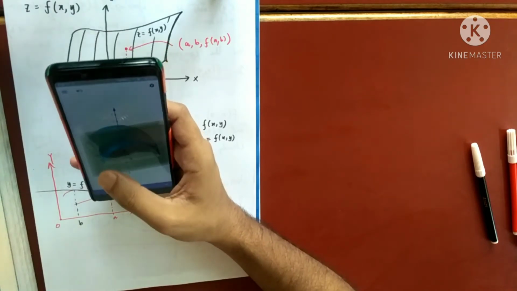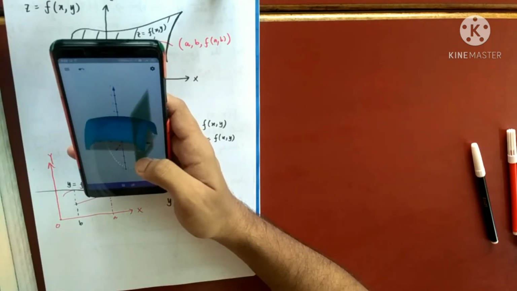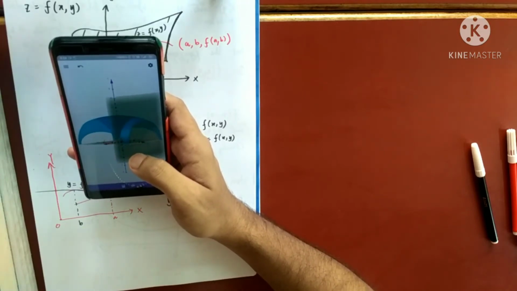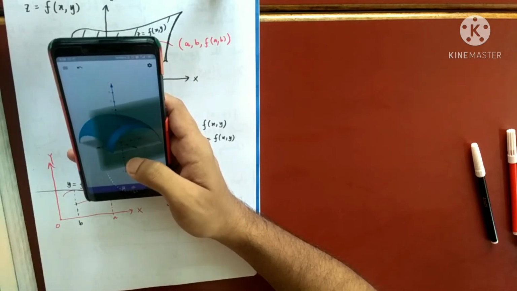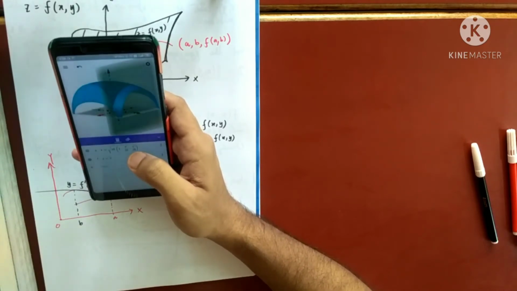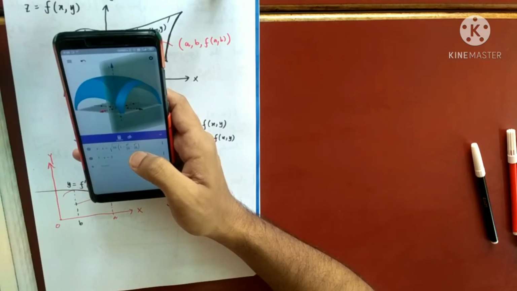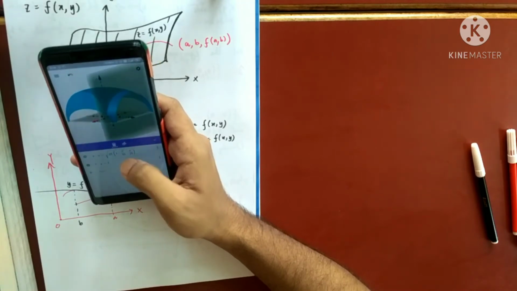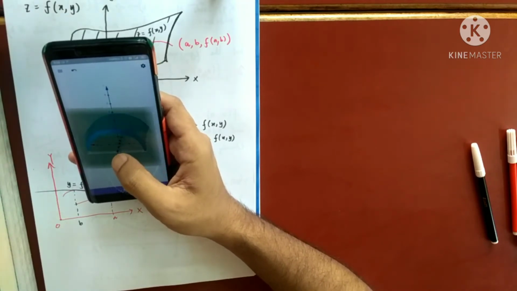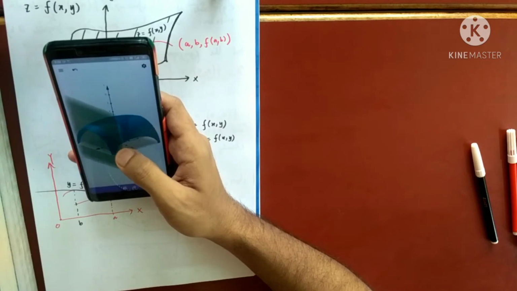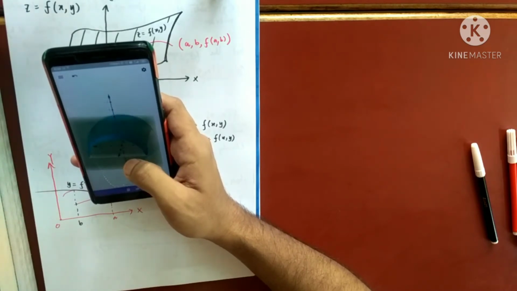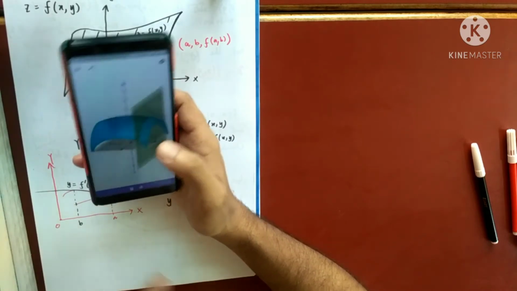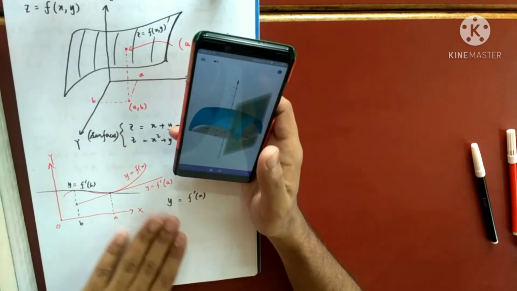Now on this curve, this curve can be treated as a function of a single variable, because I have now put a particular value of y here. That means z equals some function of x. So this particular curve can be treated as a function of a single variable. Now I can talk about the concept of differentiation here, which I had taught.